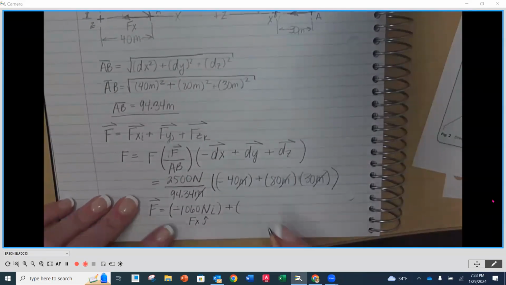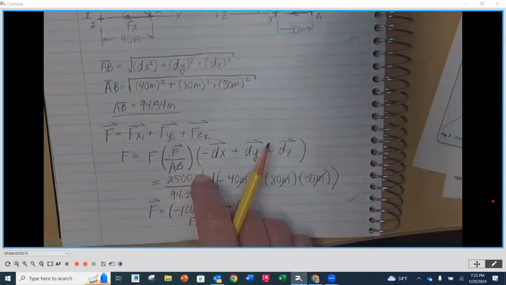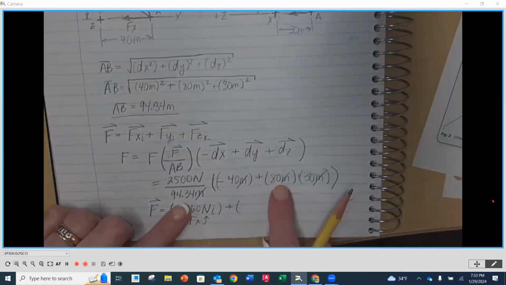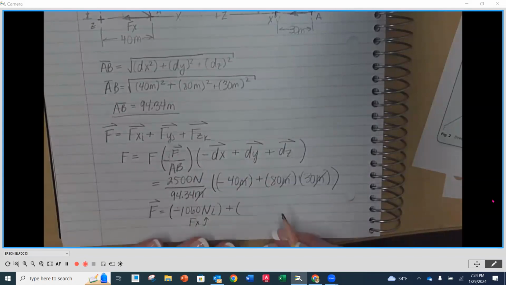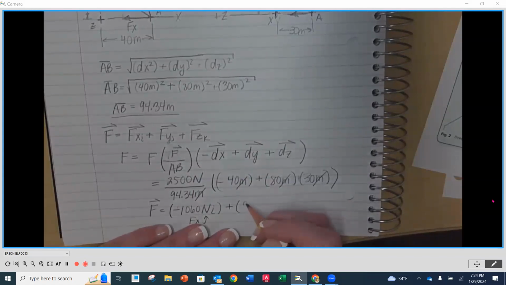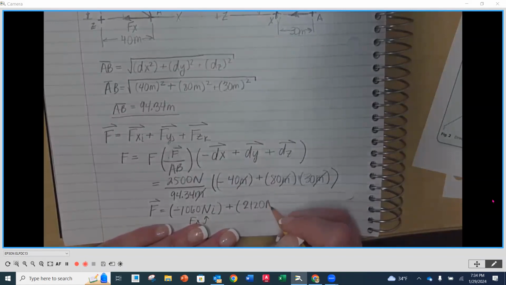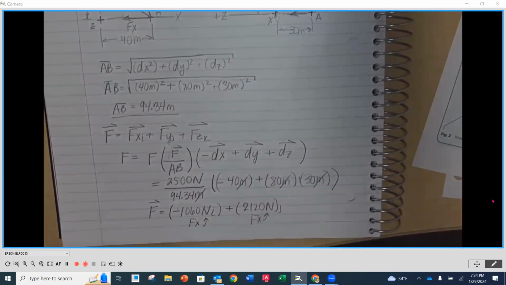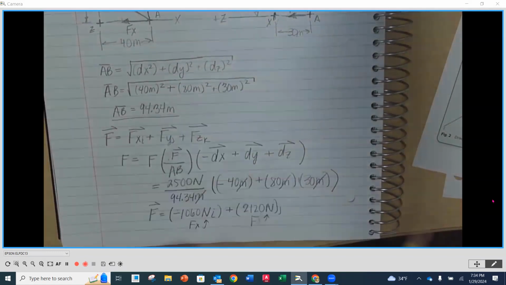Plus vectorially, we're going to do that same thing, 2,500 newtons over 94.34 meters multiplied by our 80 meters. So that's going to be 2120 newtons, and that's your j, or your Fy vector.